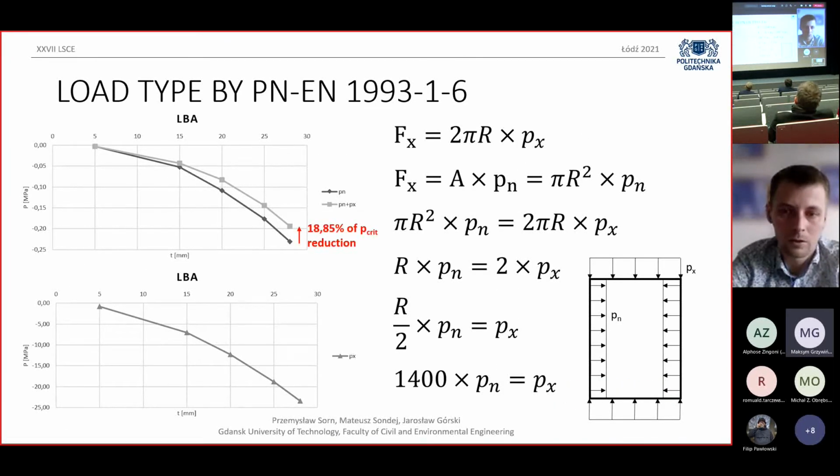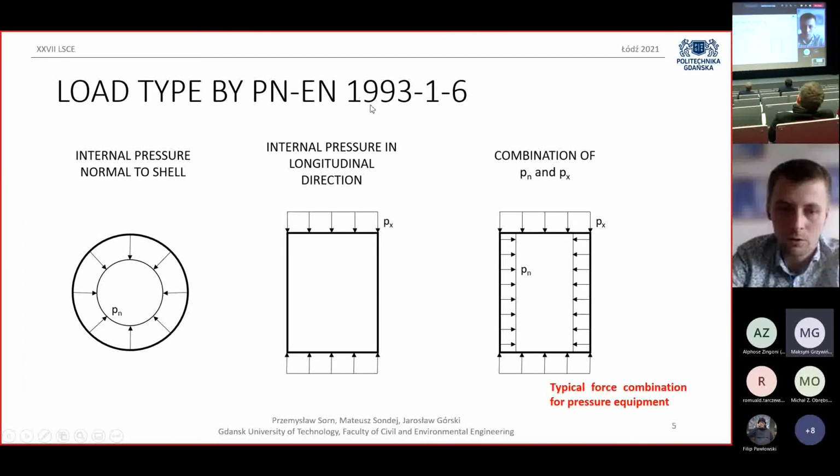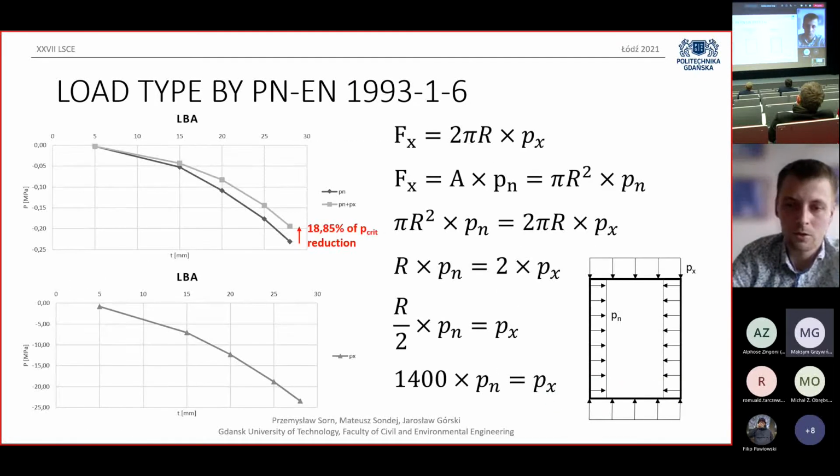At the beginning, we wanted to check the influence of each of the loads on the cylinder. For each of those load situations, we made different models. We wanted to check how the critical load, or critical pressure, behaves when we limit the thickness on the whole part of the cylinder.